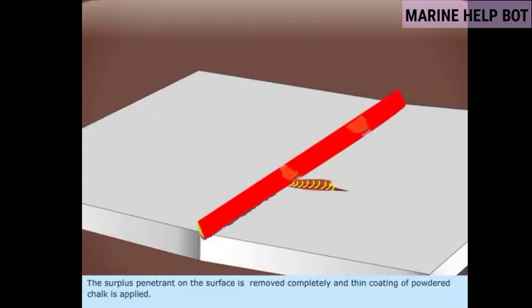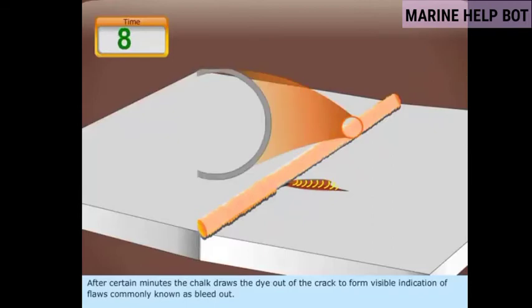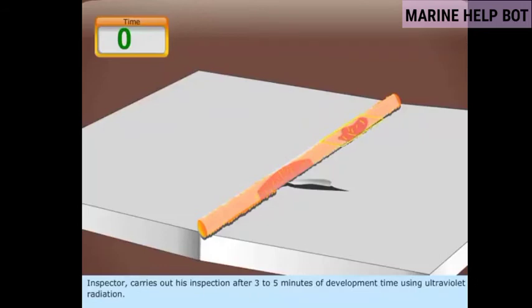The surplus penetrant on the surface is removed completely and a thin coating of powder chalk is applied. After certain minutes, the chalk draws the dye out of the crack to form a visible indication of flaws, commonly known as bleed out. The inspector carries out the inspection after 3 to 5 minutes of development time using ultraviolet radiation.